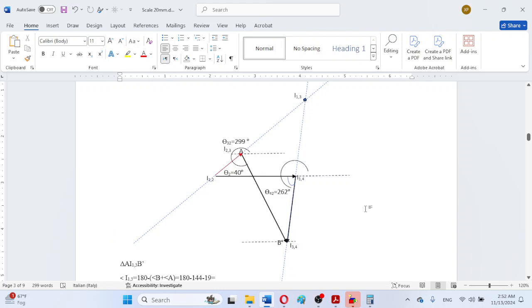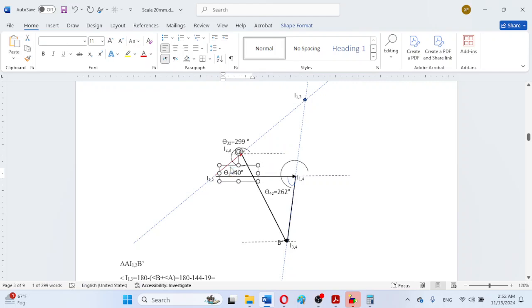Here I will make you understand that this angle between this horizontal line and this coupler link will be equal to this angle, as we can observe here. So I will be writing the angle here.